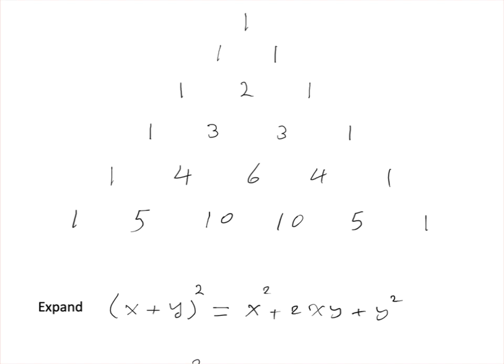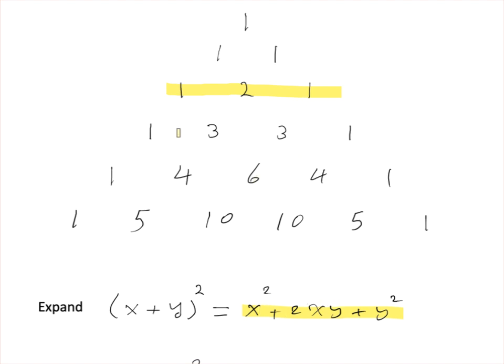And notice that the coefficients, which are 1, 2, and 1, are the same numbers in this row of the Pascal triangle: 1x squared, 2xy, and 1y squared.